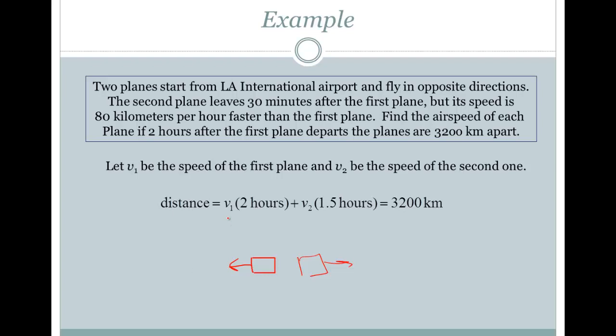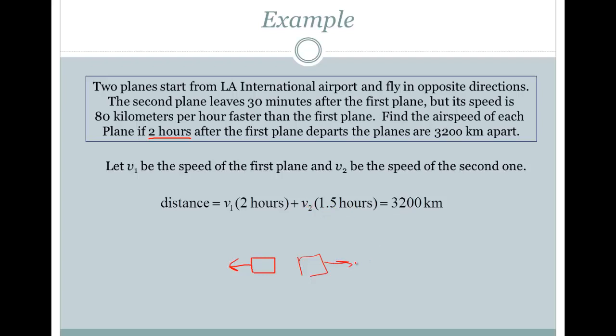The distance is going to be the speed of the first. The first plane flies for 2 hours. How do I know that? If after 2 hours, right here. The distance that the first plane travels in 2 hours is its speed times the 2 hours. Since they are going in opposite directions, I want to add how far each of them travel. So I'm going to have the second plane, who only travels for an hour and a half, times v2 is got to equal 3,200 kilometers.